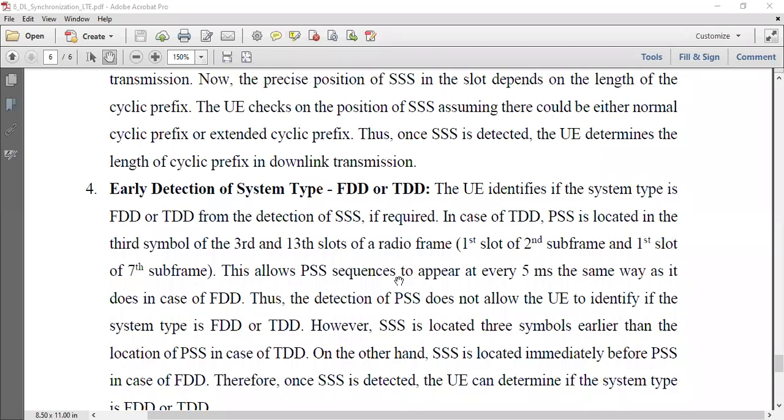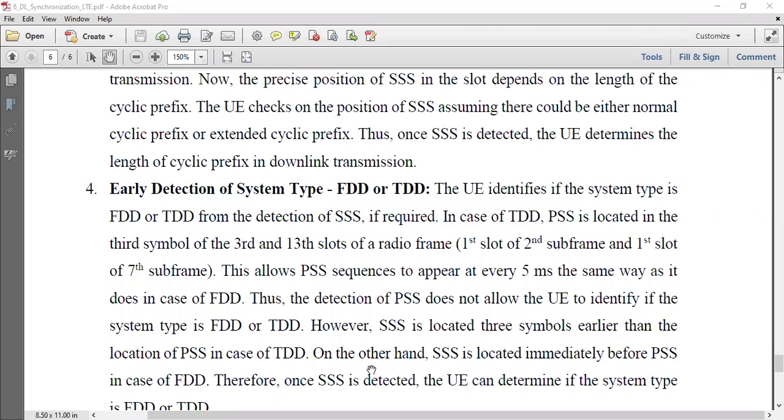Well, the phone may support both FDD and TDD, or I mean, there are possibilities of transmissions of FDD and TDD, and you don't know in the beginning which system is used there. But the synchronization also helps you do that.